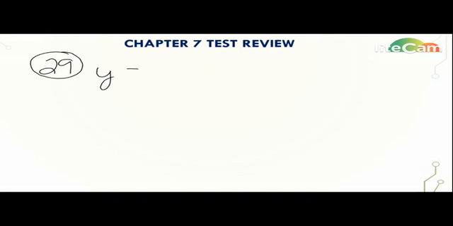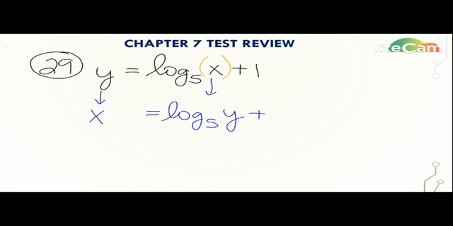Now 29 is the same type of thing. It's a log, so I'm expecting to see an exponential equation when I inverse it. So I'm going to switch the y to an x, and the x is going to become a y. My problem is that I have this extra piece right here.